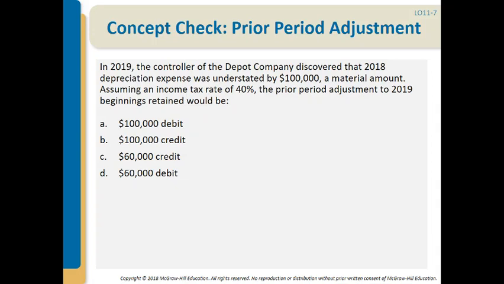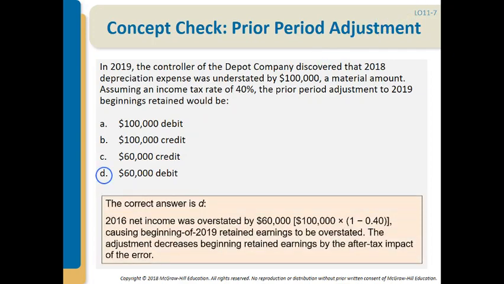So bottom line is the after-tax effect is an overstatement of $60,000 in retained earnings, and so you're going to debit retained earnings $60,000.